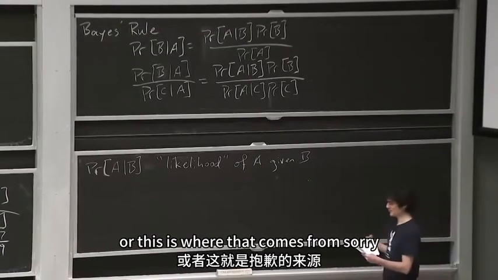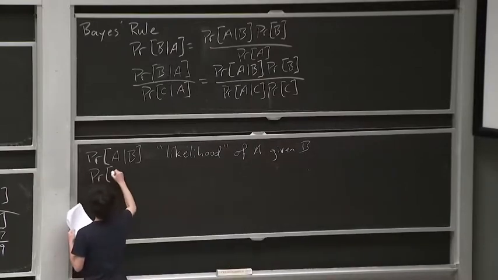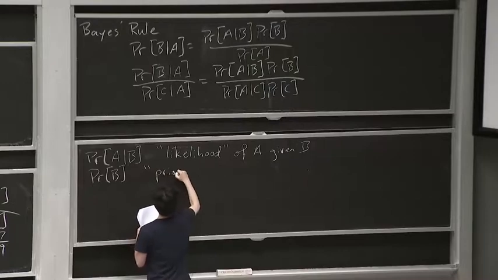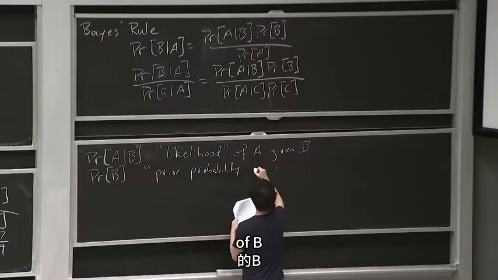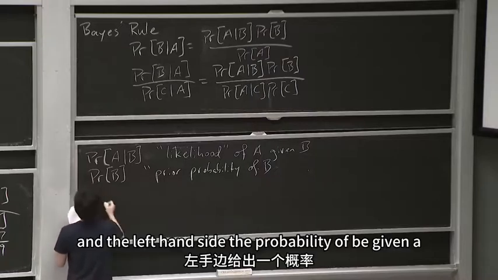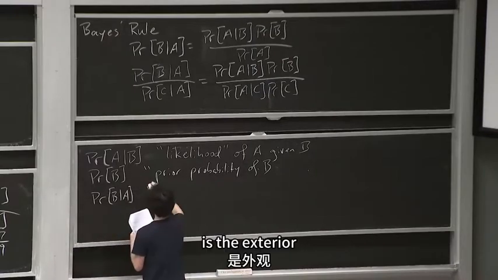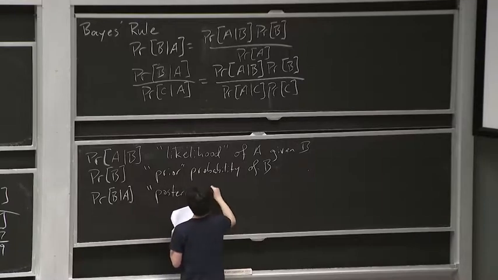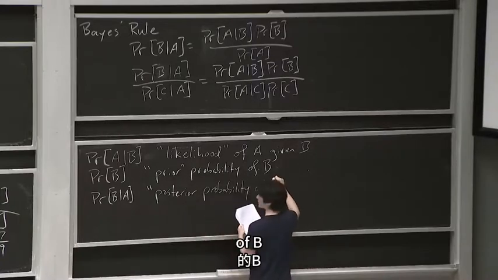The probability of B we call the prior probability of B. And the left-hand side, the probability of B given A, is the posterior of B.